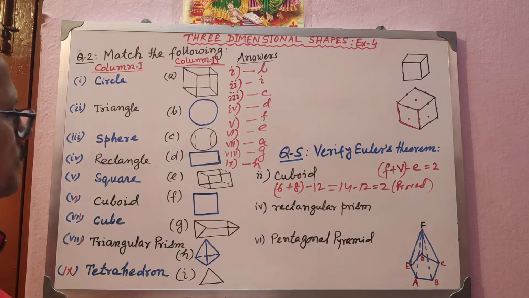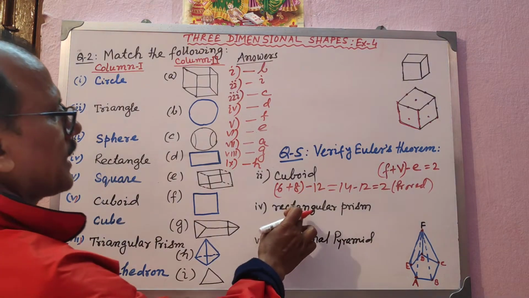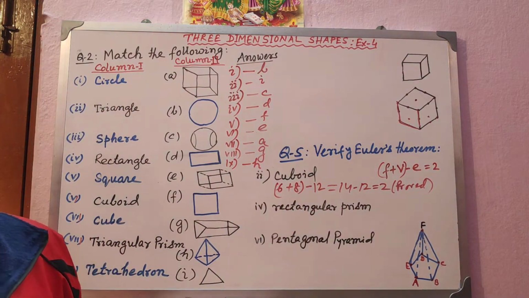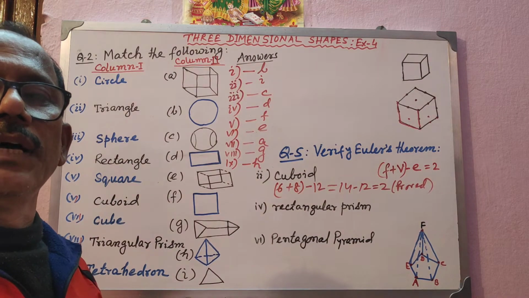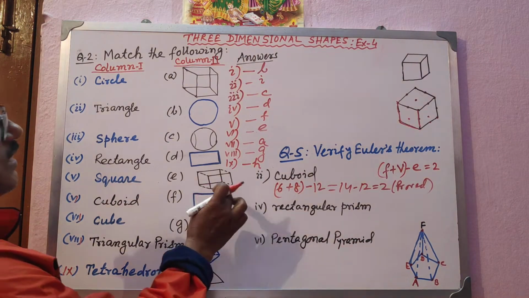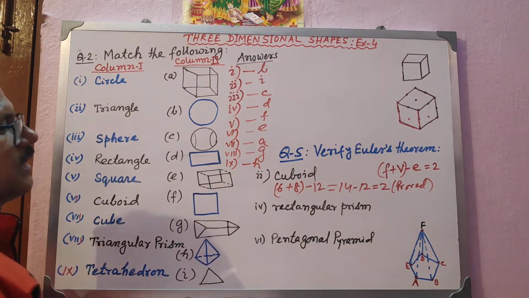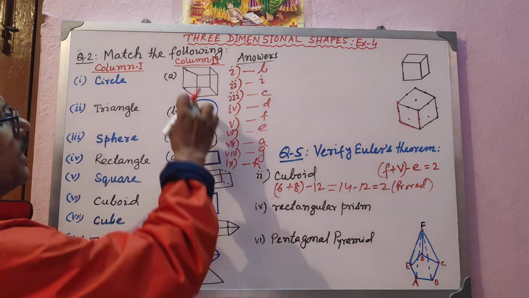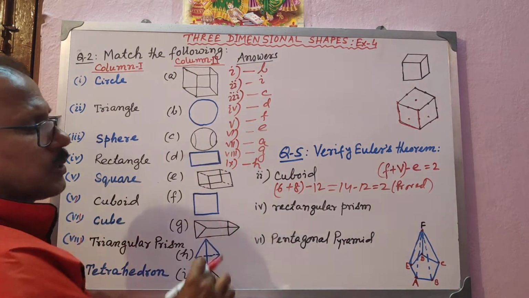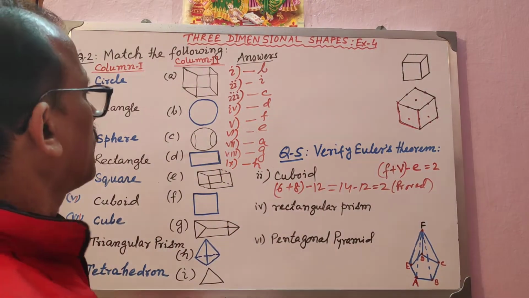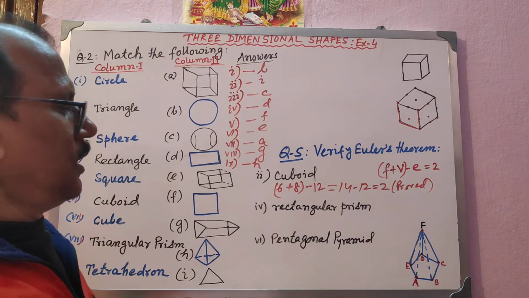Rectangular prism. Rectangular prism means the base has to be a rectangle and the side faces also have to be rectangular. You can very well say this one is a rectangular prism, which is a cuboid-like thing, isn't it? Cuboid and cube both are rectangular prisms. This can be said as a right prism. Could you understand?